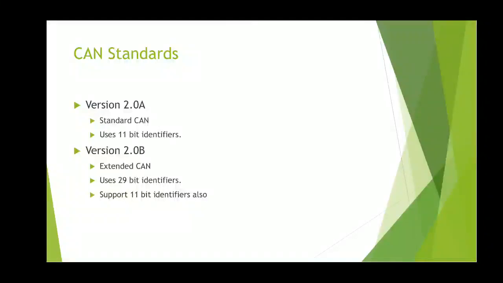The CAN standards contain two versions, version 2.0a and version 2.0b. Version 2.0a is the standard version of the CAN, and it uses an 11-bit identifier. With the help of this 11-bit identifier, we can specify 2 raised to 11, or 2048, priority-based message identifiers.